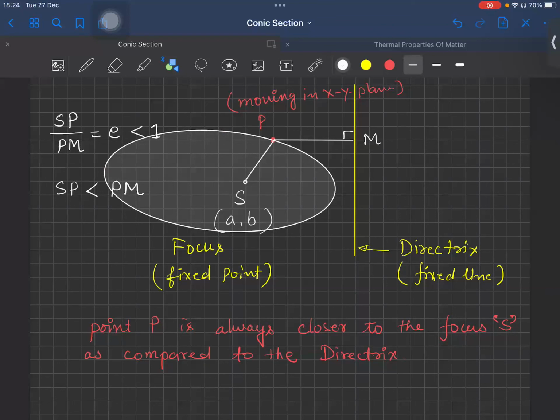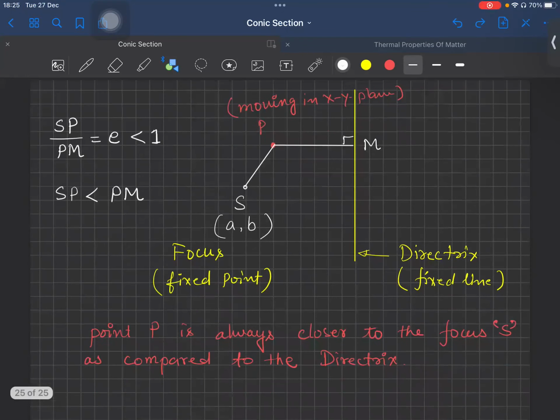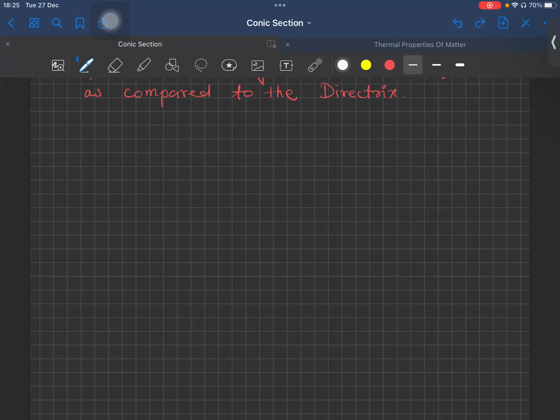So if you trace this P, you will always get an ellipse like that, something like that. Understood? So P will move on this path. Got it? We'll see about this in a minute. Okay. Understood? Yes or no?